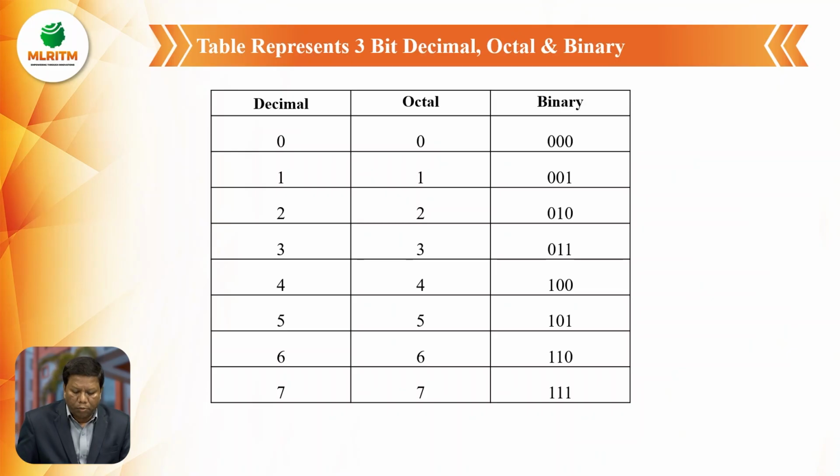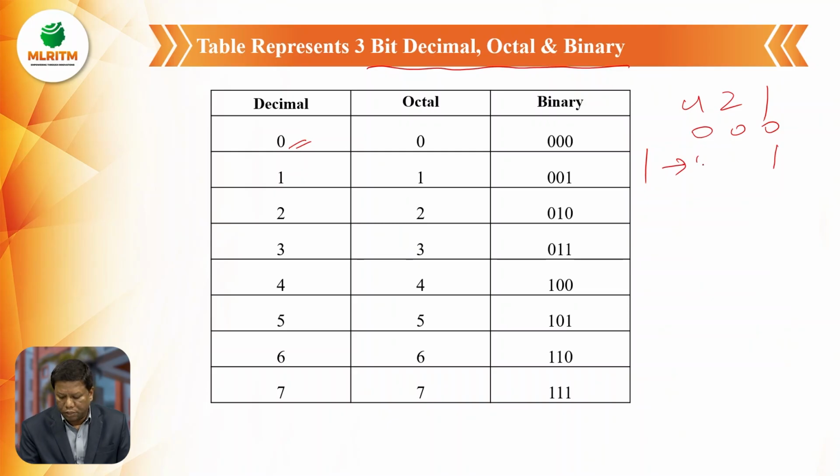Here I have given a table. The table represents 3-bit, decimal, octal and binary. Here decimal value 0, which we can write with weights 4 2 1, means all bits will be 0 only. When decimal value is 1, that bit will be 1 and the remaining bits will be 0.